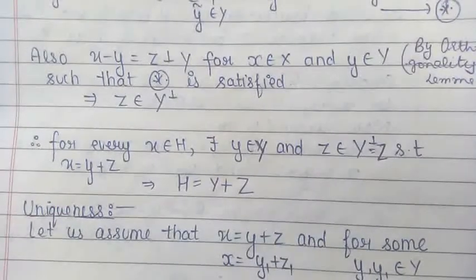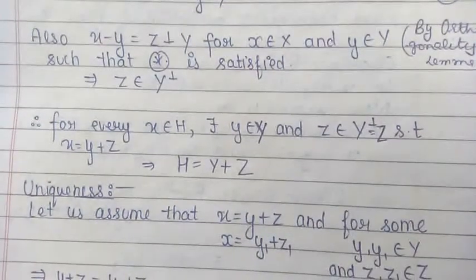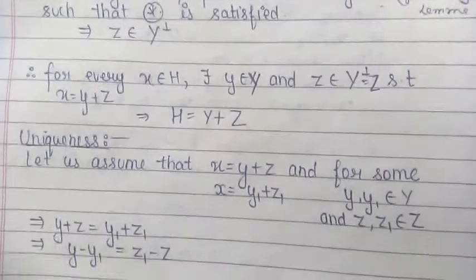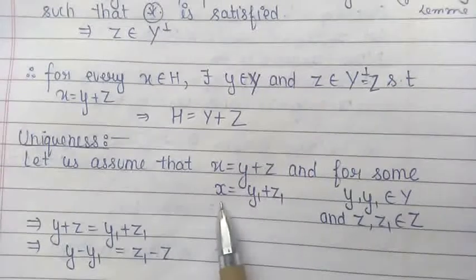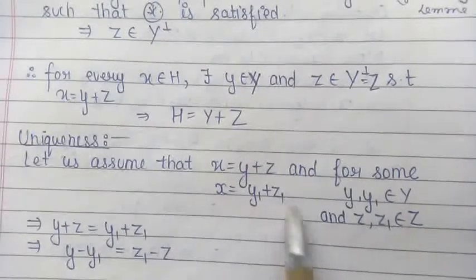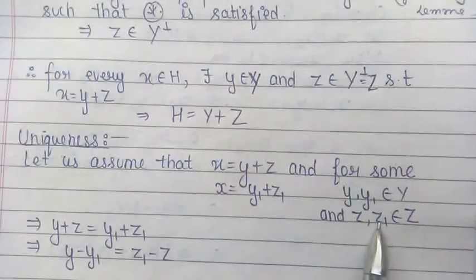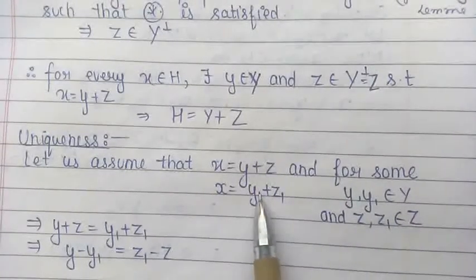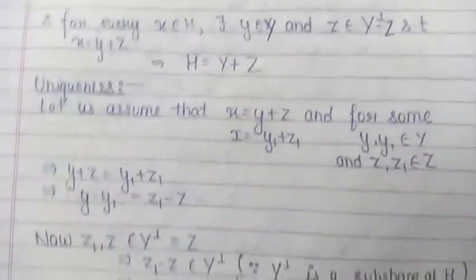Now we will prove the uniqueness. In order to prove the uniqueness of the representation of this element x, let us take two representations of x. One representation we have taken y + z, and another representation we have taken y1 + z1. Here y and y1 are from Y and z and z1 are from Y complement. Because these are representations of one element x, these two representations must be the same.